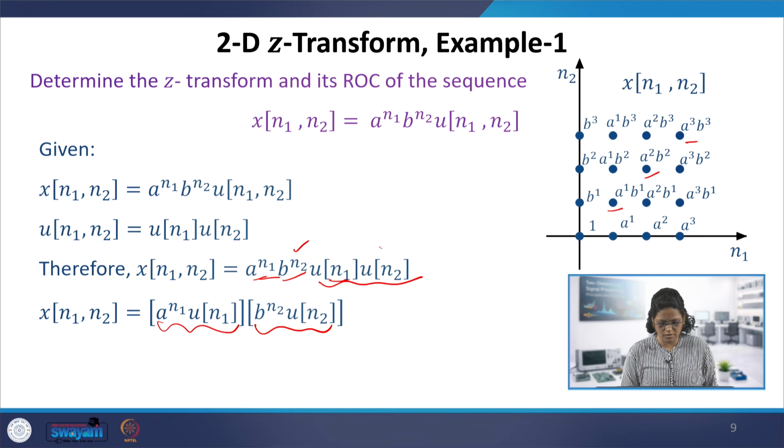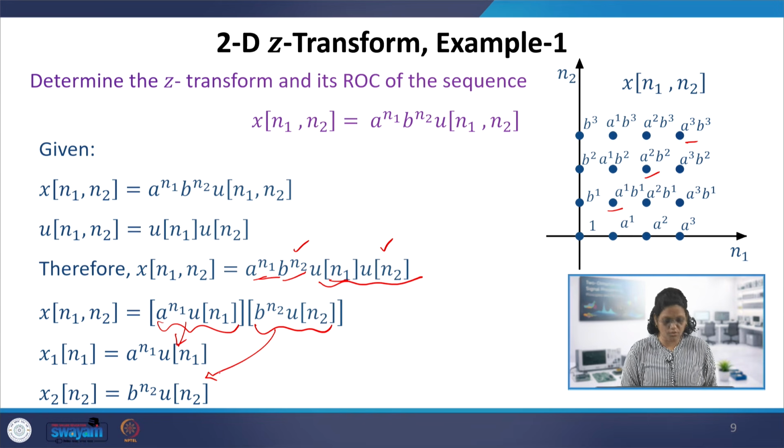So this is another sequence. We can write x of n1 comma n2 as x1 of n1 and x2 of n2. So the first sequence is x1 of n1 and the second sequence is x2 of n2.